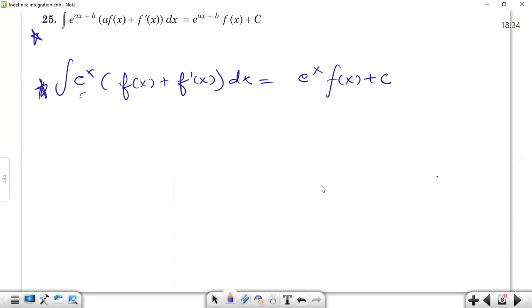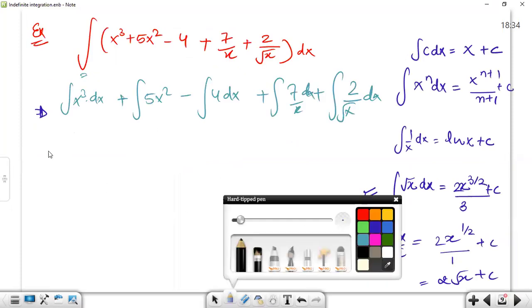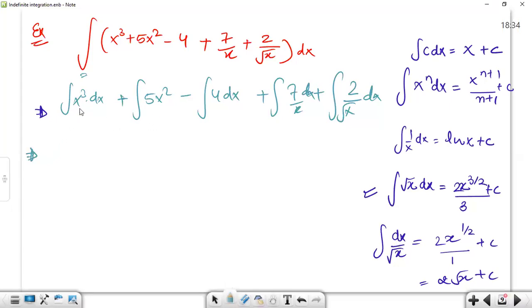Coming back to our example. So now we can write the constants outside, otherwise we can also continue like this one. x raised to power 3 plus 1, so x to the 4 by 4 plus some constant. So let us write all the constants separately, and we'll see what we can do.